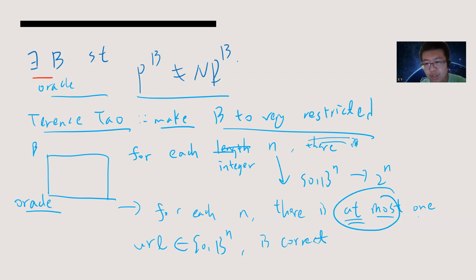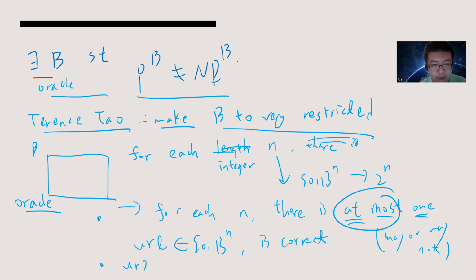At most one, and maybe none. There may be a case that there's no such URL for that n. So this is the first point.